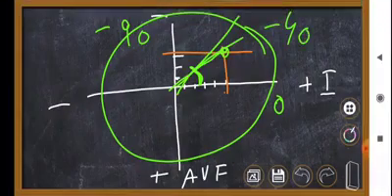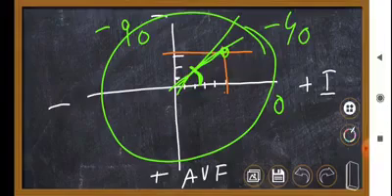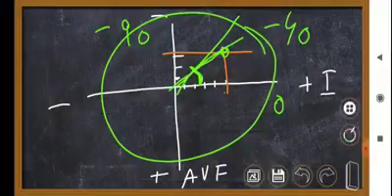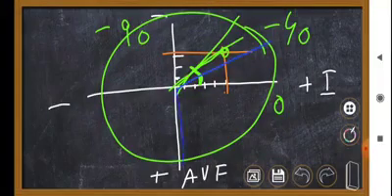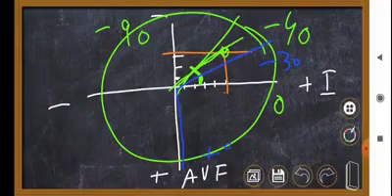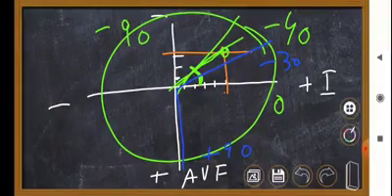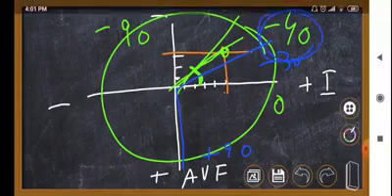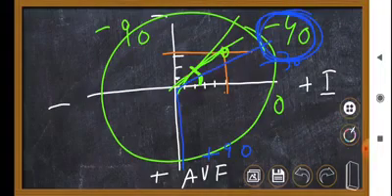We have already discussed that a normal axis is between minus 30 and plus 90, right? But here the QRS complex axis of this ECG is minus 40, so it's more negative than minus 30.